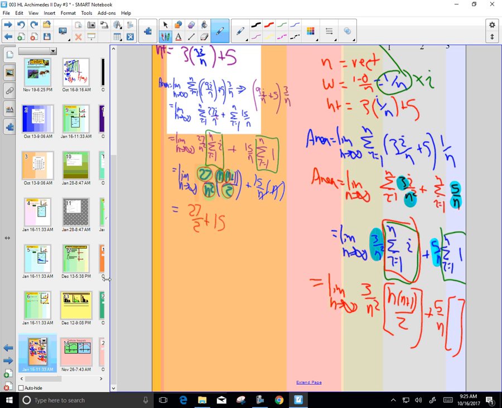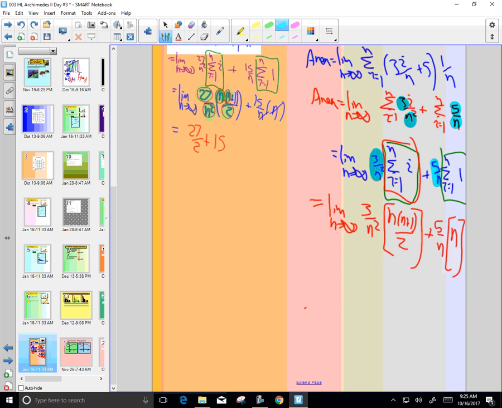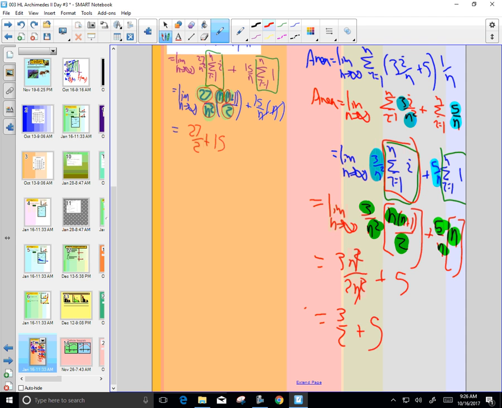That'll just be n. So when I highlight the greatest exponent of n in each part, 3n squared over 2n squared, what's that going to be? That's just 3 halves, and 5, which will be 3 halves plus 5.